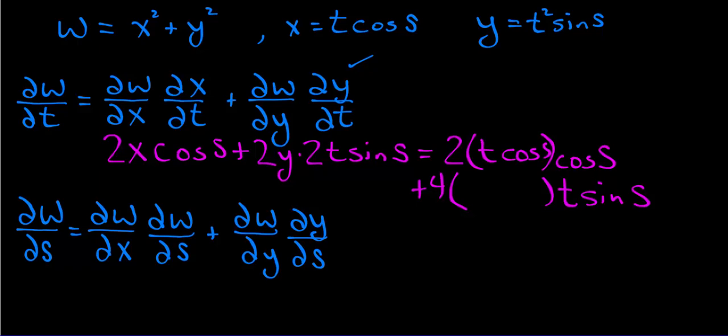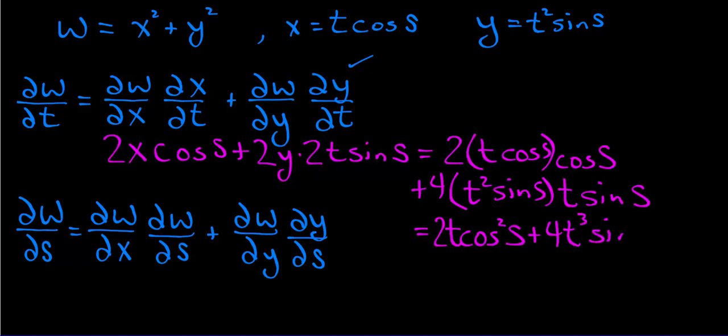And in place of the y, I'll put t squared sine s. There we go. Now, let me go ahead and clean this whole thing up. This is 2t cosine squared s plus 4t cubed sine squared s. So this is the derivative. This is partial w with respect to t.